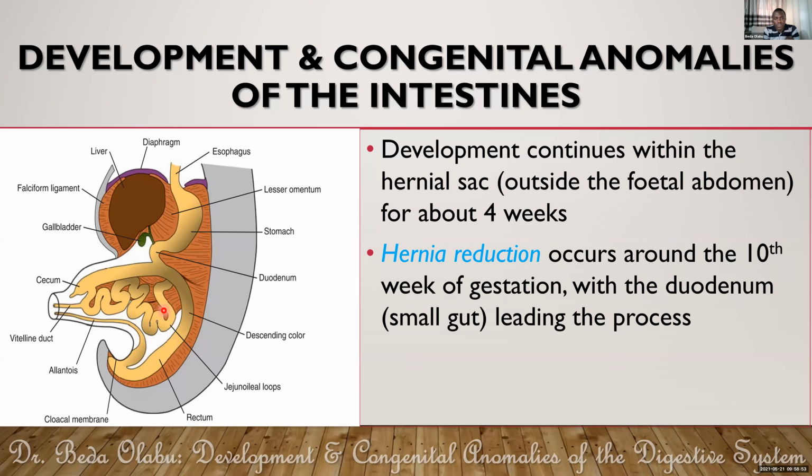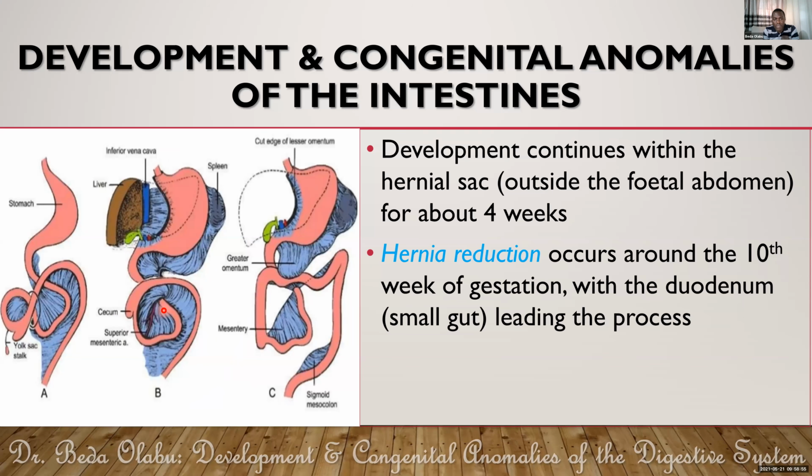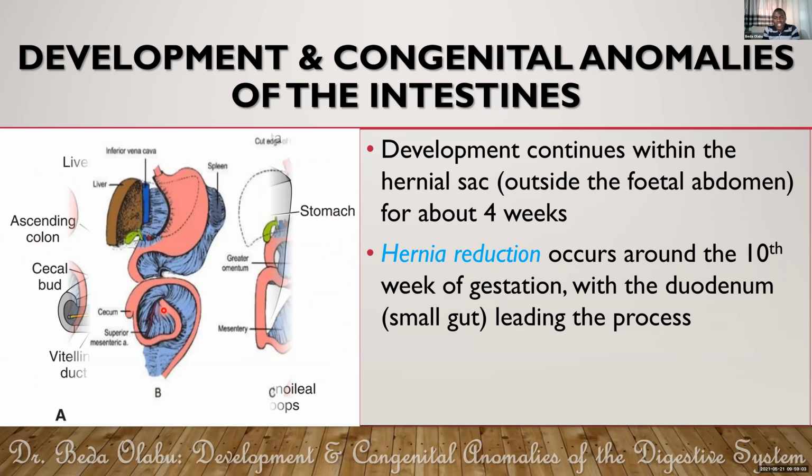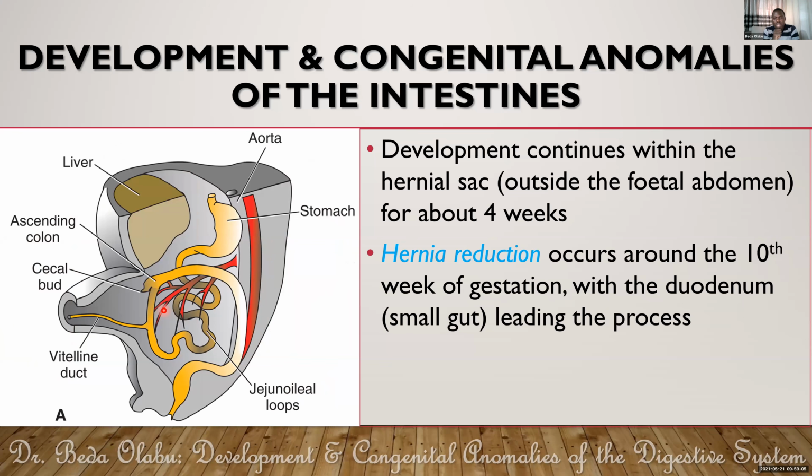During the process of hernia reduction, something happens. The intestines continue to rotate. This rotation will largely affect the large gut more than the small gut. So this image shows you the small gut that is going back, but also showing you the large gut that is now rotating.